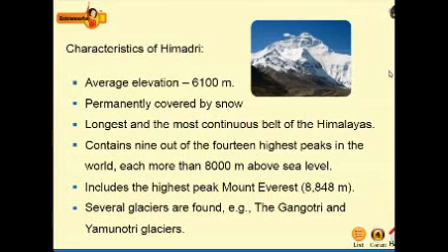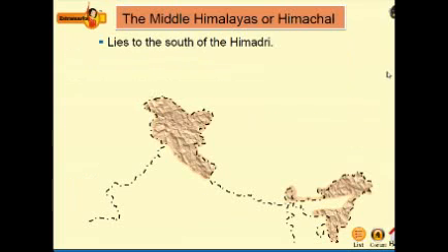It includes the highest peak, Mount Everest, at 8,848 meters. Several glaciers are found, for example, the Gangotri and Yamunotri glaciers.